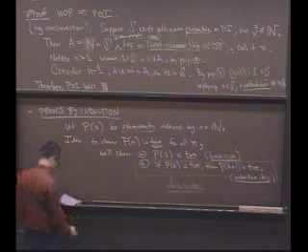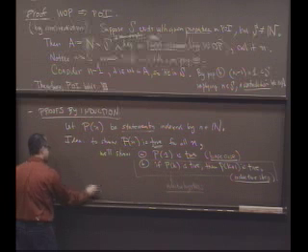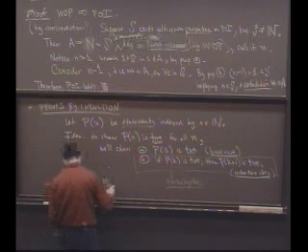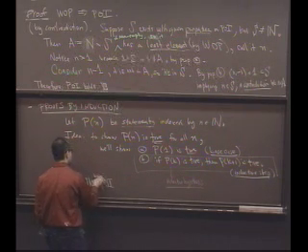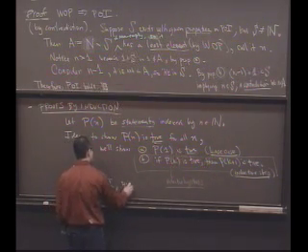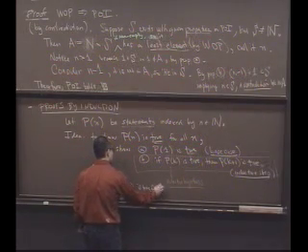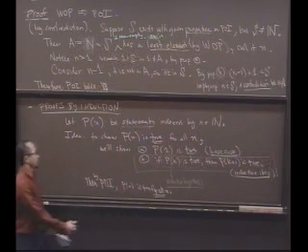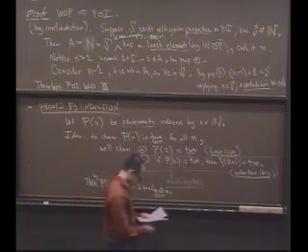Okay. So to show this, we'll show this, and I just want to conclude by saying then by the principle of induction, P of n is true for all n. Okay, that's the method of proofs by induction.